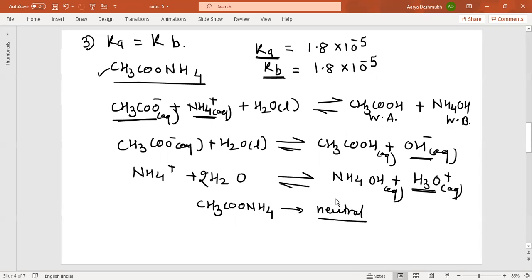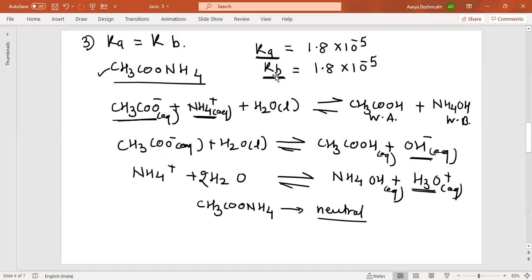So the solution of ammonium acetate will have neutral pH. In short, you can conclude that the values of Ka and Kb decide whether your solution will be acidic, basic or neutral in nature.